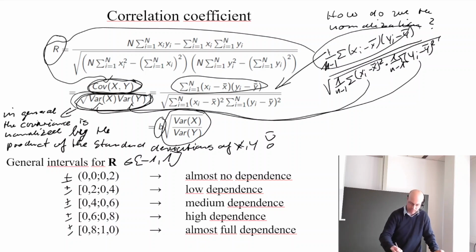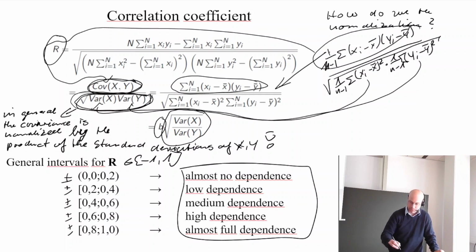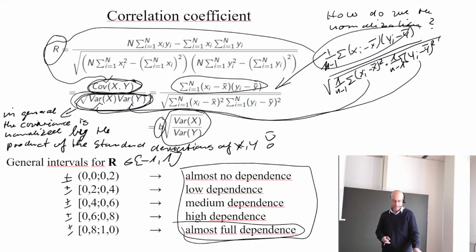So this is only a rule of thumb. If your R is between 0 and 0.2, then we have almost no dependence, low dependence from 0.2 to 0.4, medium dependence 0.4 to 0.6, high dependence 0.6 to 0.8, and almost full dependence from 0.8 up to 1.